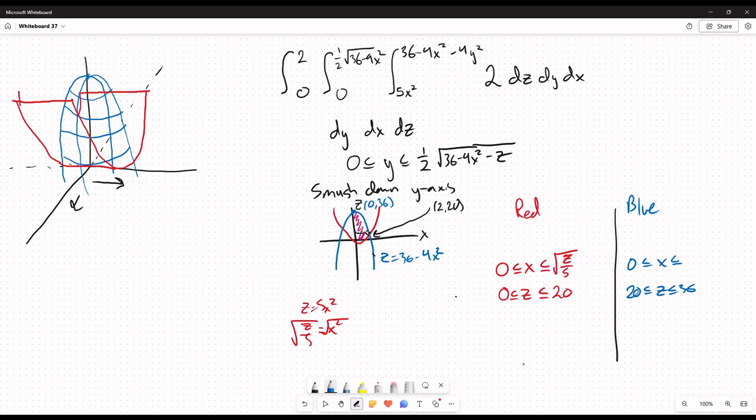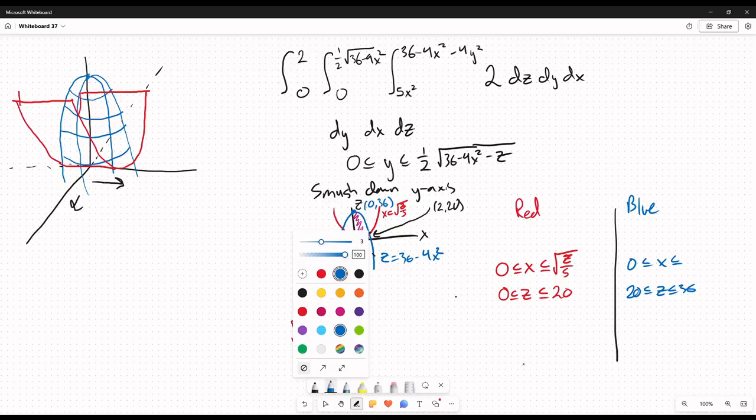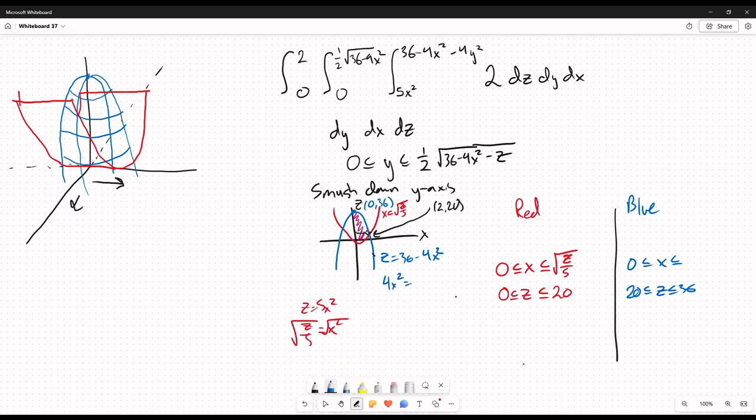Oh, I should have written this up here. This guy is x equals square root of z over 5. And for this one, let's subtract z from both sides, add 4x squared to both sides, square root and divide by 2, and we should end up with x equals plus or minus 1/2 square root of 36 minus z. That's a minus z, I promise you. And that's what we get over here.